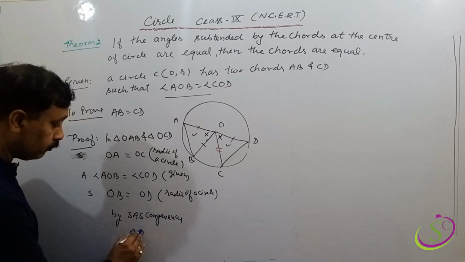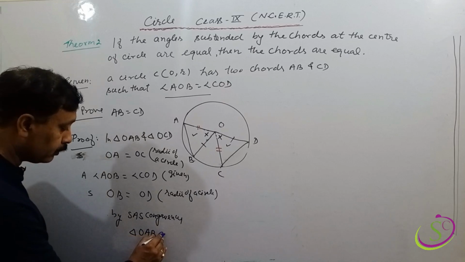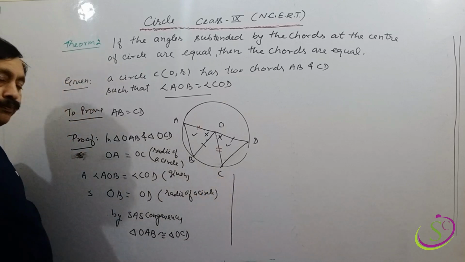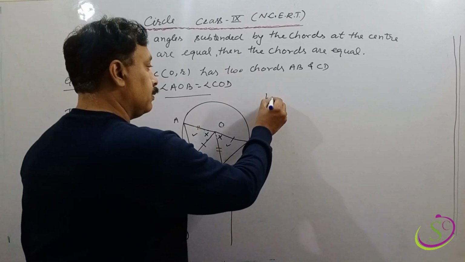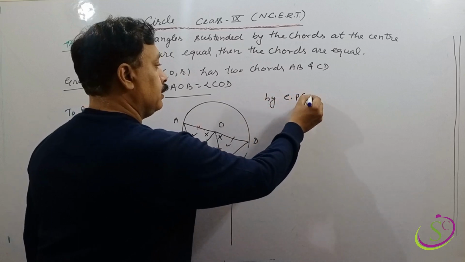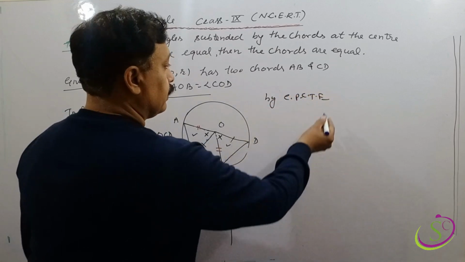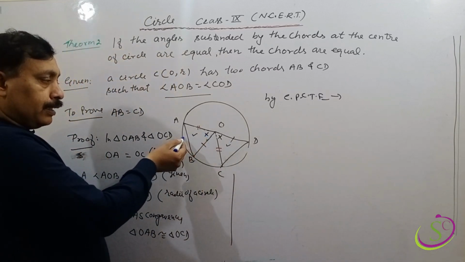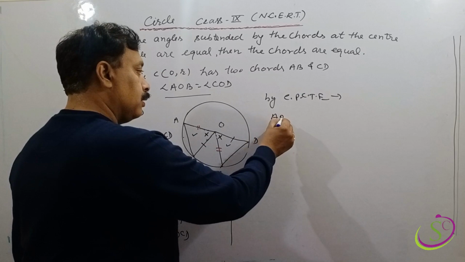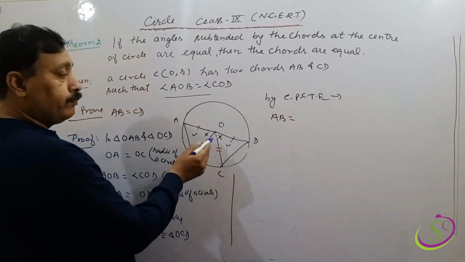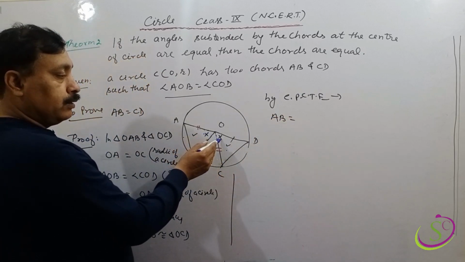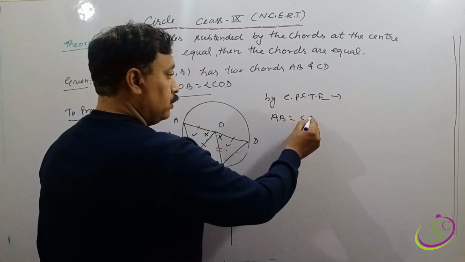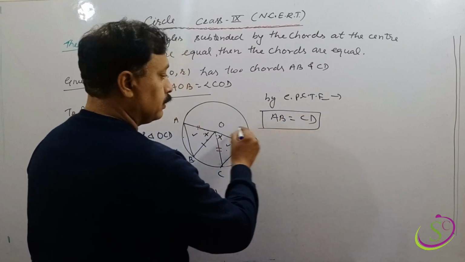triangle OAB is congruent to triangle OCD. Clear? So by CPCTE we can say that the side opposite to this angle, AB, and in this triangle the angle equal to this angle is this, so the side opposite to this angle is CD, so AB equal to CD.